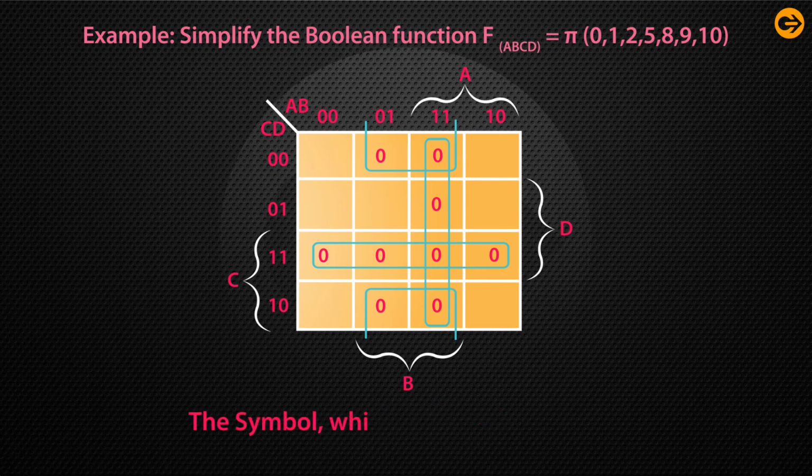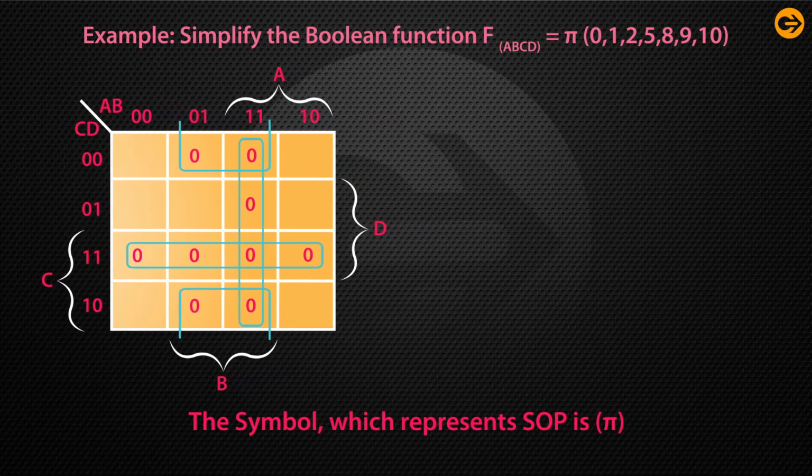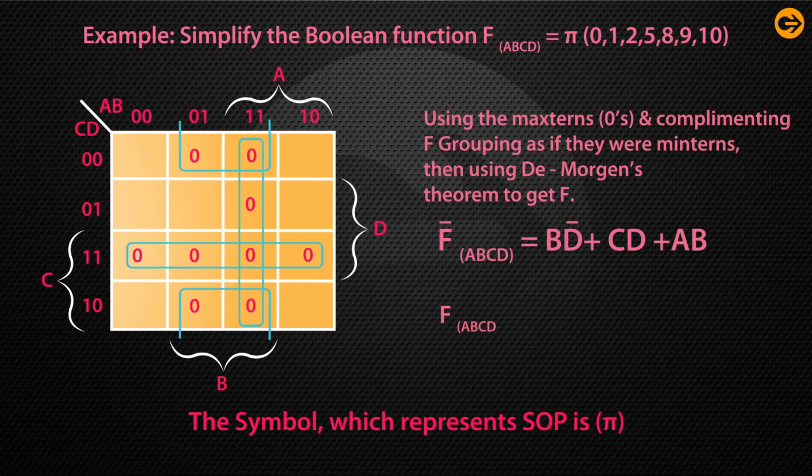The symbol which represents POS is called pi. There are 3 overlapping possible groups of zeros in this K-map. The equation is (b' + d)(c' + d')(a' + b').